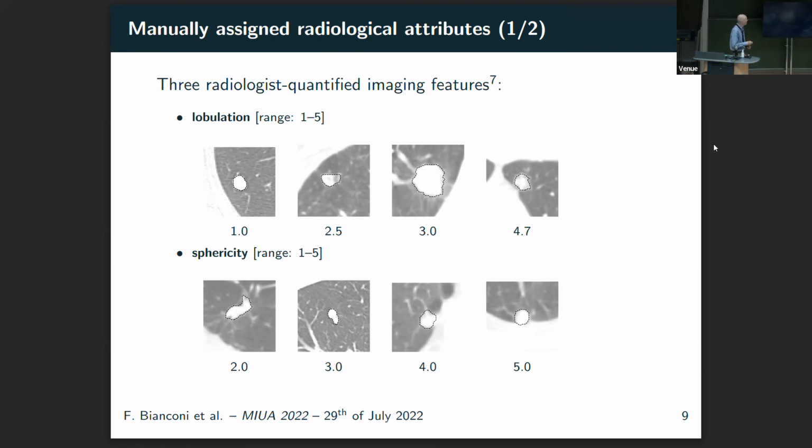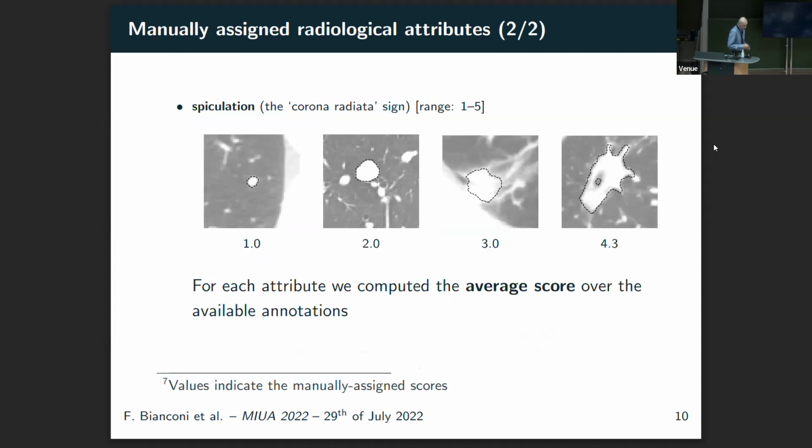The second one was sphericity or roundness, again with increasing values from left to right. And the last one that we considered in this work was spiculation, which is also known as the corona radiata sign, again with increasing values from left to right.